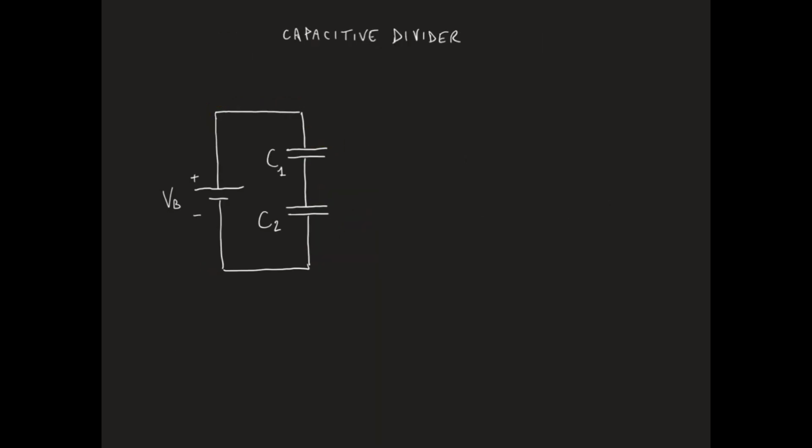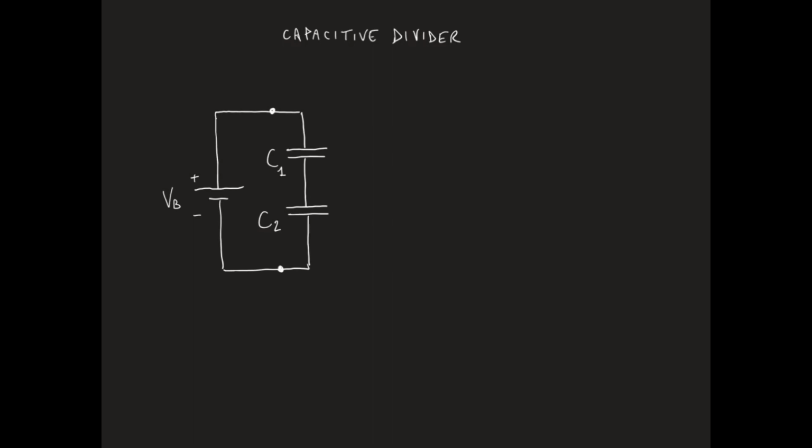This circuit we have just been discussing is also called a capacitive divider. In a capacitive divider, the input signal is applied across the series of the two capacitors, while the voltage drop across one of the two is taken as the output signal.